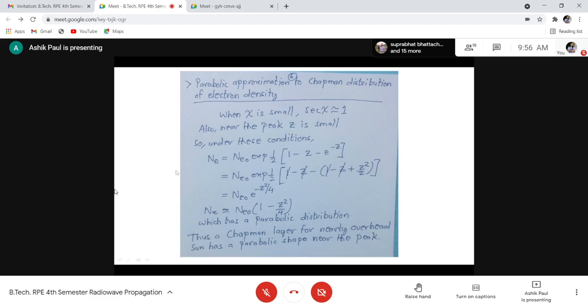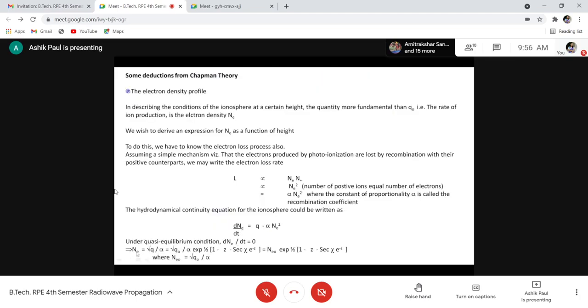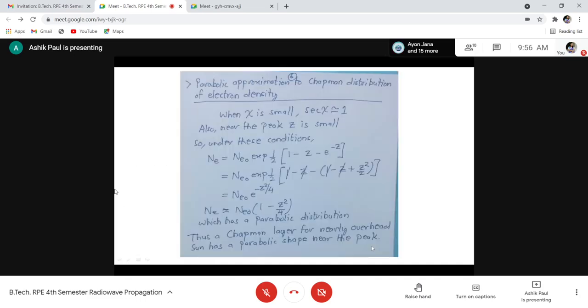Under these conditions, if we go back to this expression for ne, which is ne overhead exponential half, 1 minus z minus sec chi e to the power minus z, we could write this as ne overhead exponential half, because sec chi is very nearly equal to 1, so this will be just 1 minus z minus e to the power minus z.